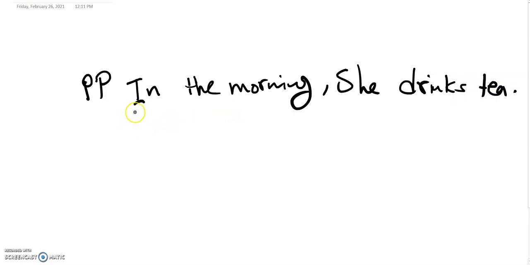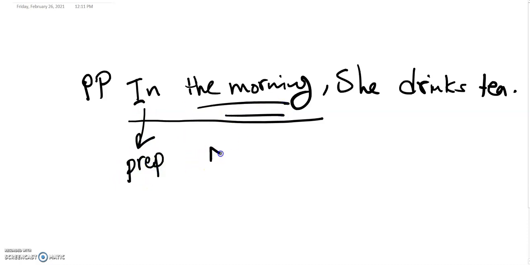The preposition phrase here comes at the beginning of the sentence, and it tells us something about the time of the doing of the action. So again, it starts with a preposition followed by a noun phrase. So simply we can say that here we have a preposition phrase that consists of a preposition and a noun phrase.